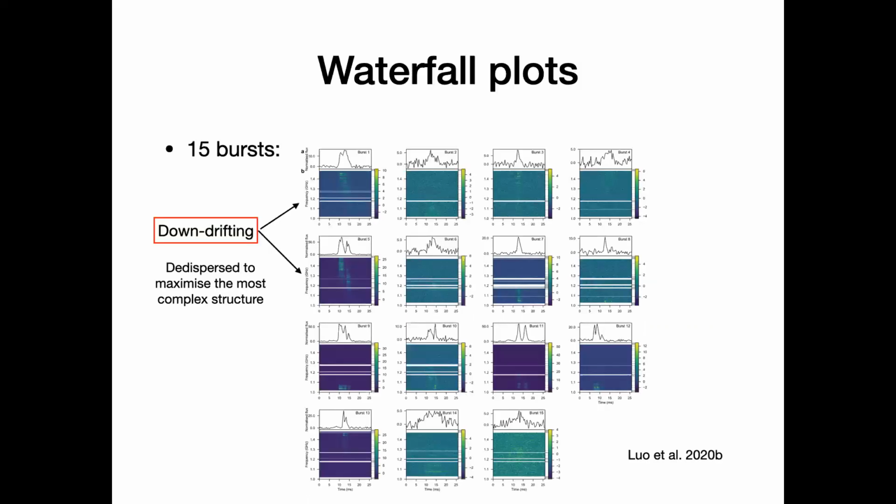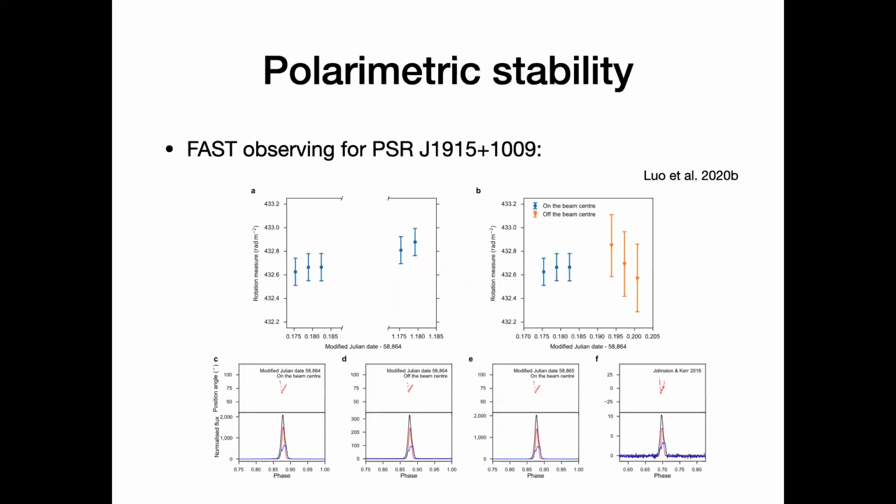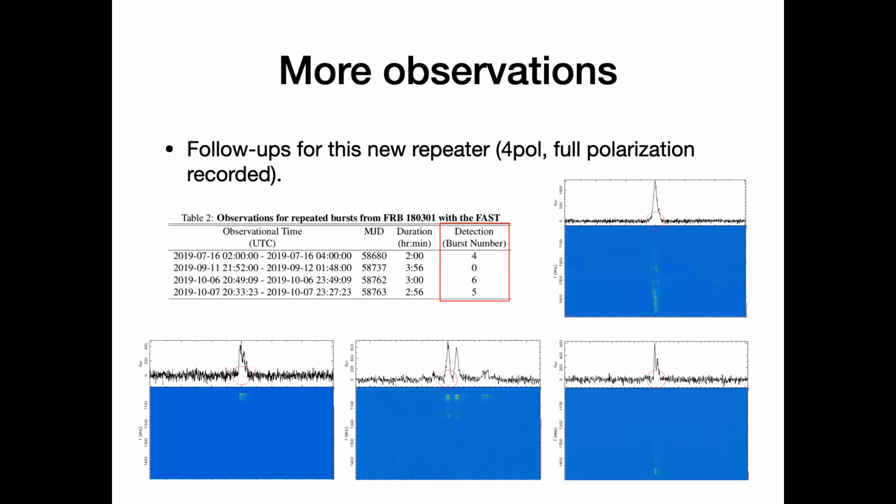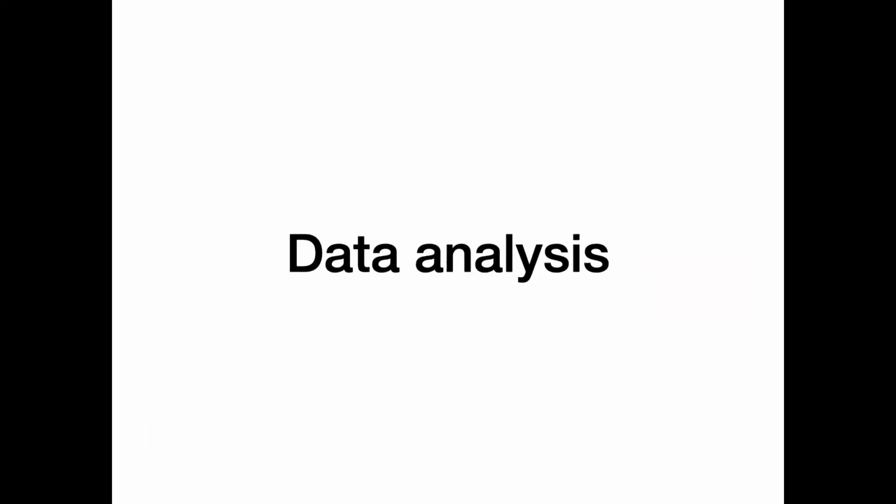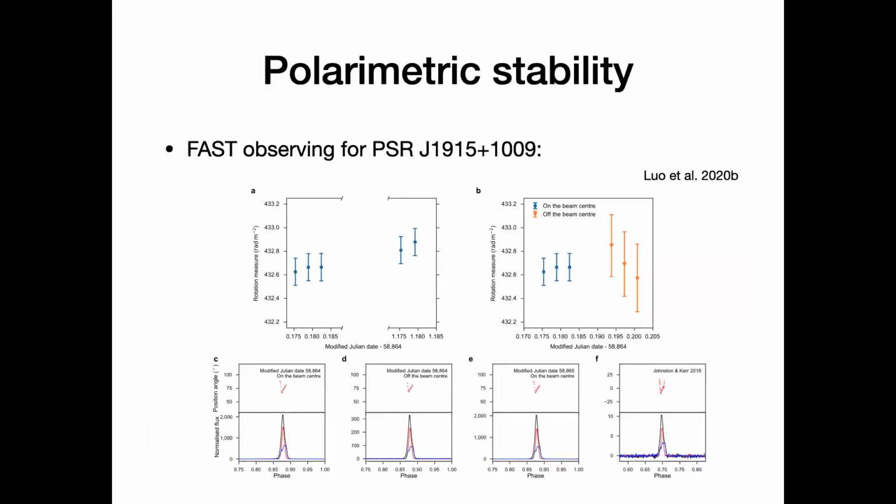Now we have many bursts, and for some of them we have full polarization recorded, and we can do data analysis for the polarization measurement. To demonstrate whether the FAST telescope is capable of that, we ran a polarimetric stability test.